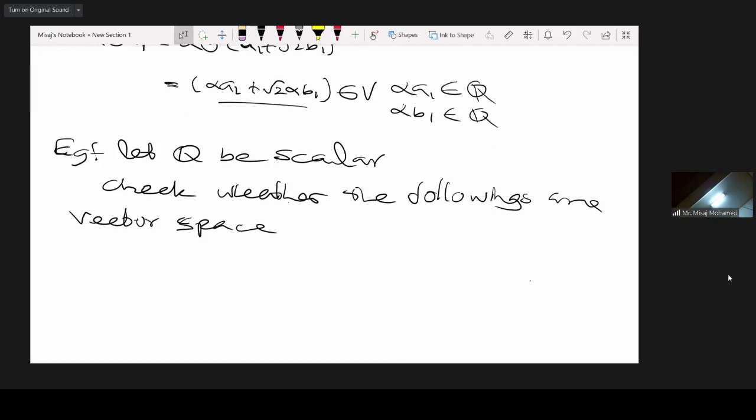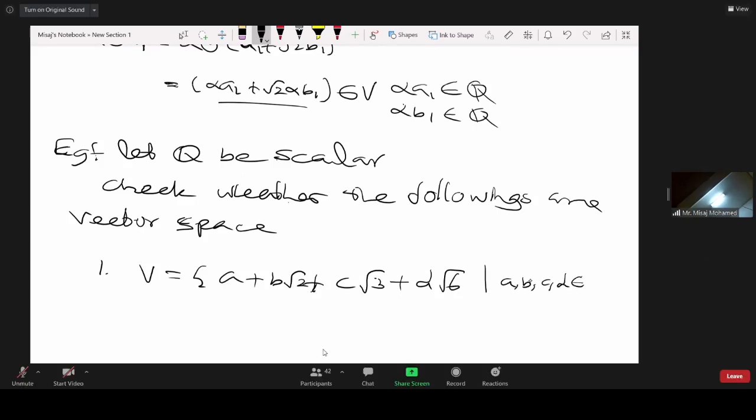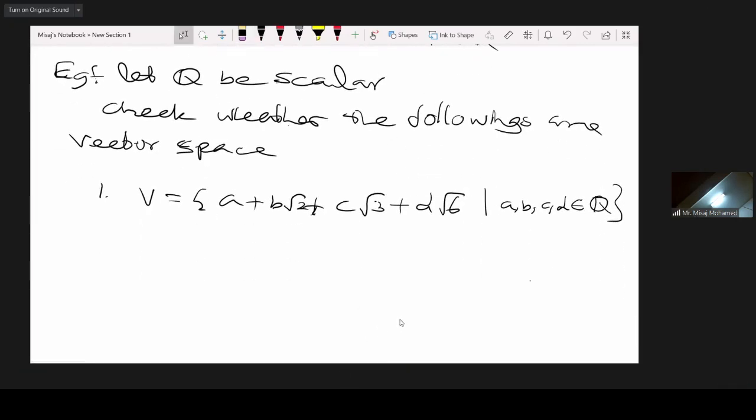One more example, which you have to do at home. This is normal addition. V is a plus b root 2 plus c root 3 plus d root 6, where a, b, c, d are from Q. So the scalar for this V is Q.